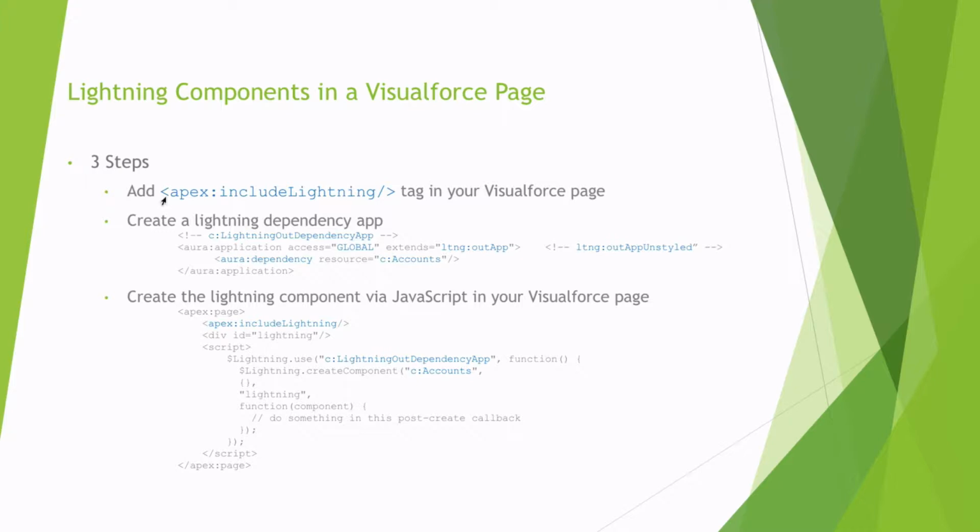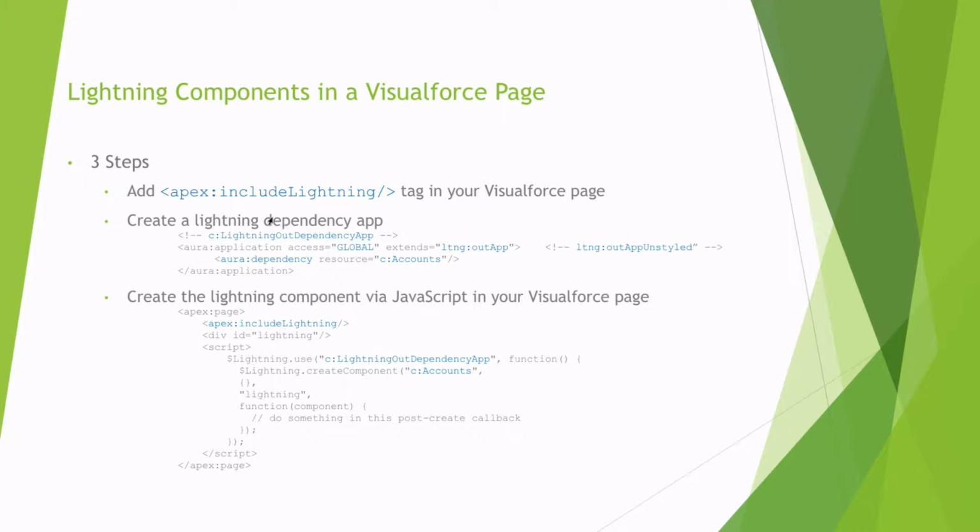First is to add the apex:includeLightning tag in your Visualforce page. And by doing so, you will be adding the Lightning Components for Visualforce JavaScript library to your Visualforce page. Okay, and the second step is to create something called a Lightning dependency app.